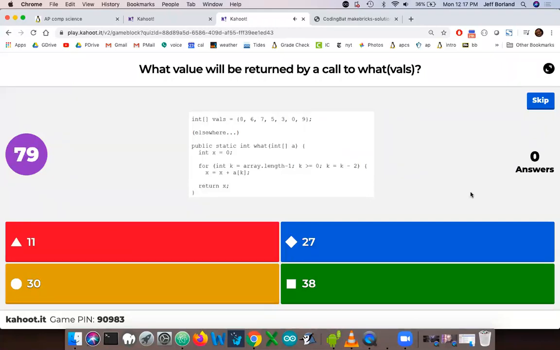Shoot. Oh, I thought I gave you a different one. Sorry, everybody. I linked the wrong one. Let me get the right one.